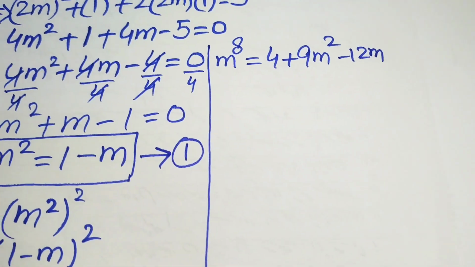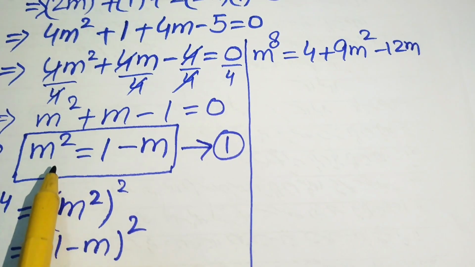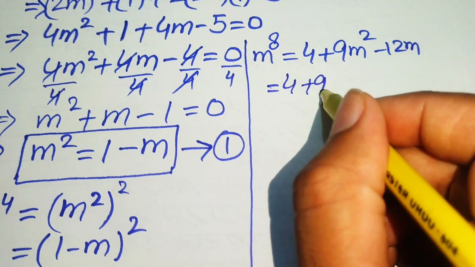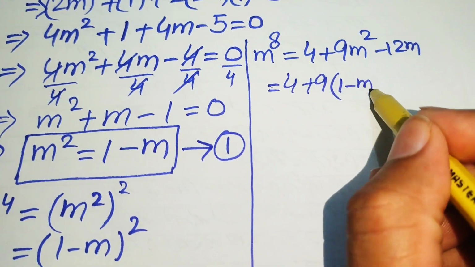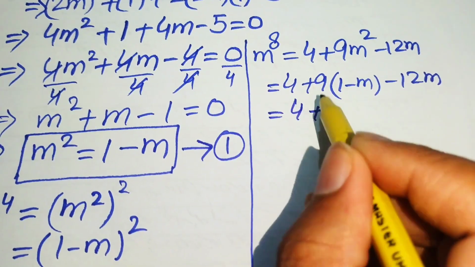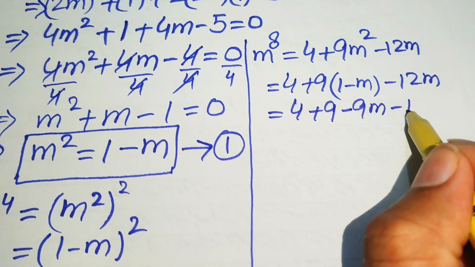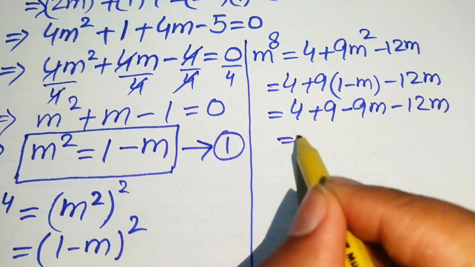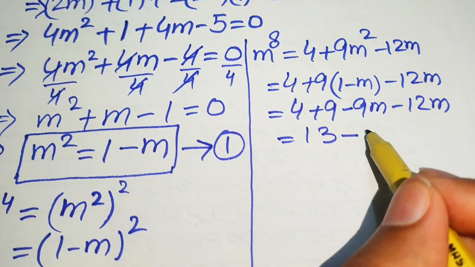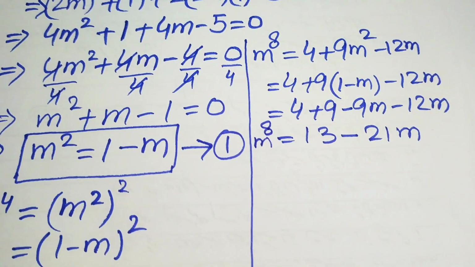Now we again substitute the value of m square, which is 1 minus m, and you get 4 plus 9 times (1 minus m) minus 12m. We multiply this 9 on both terms, and you get 9 minus 9m minus 12m. So we have 4 plus 9 becomes 13, and minus 9m minus 12m equals minus 21m. So this is the value of m to the power of 8: 13 minus 21m.